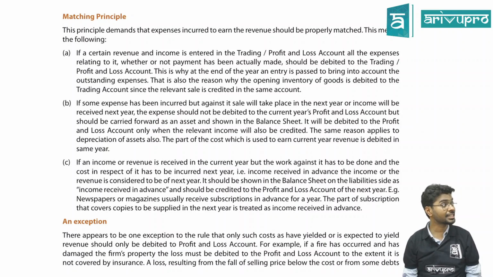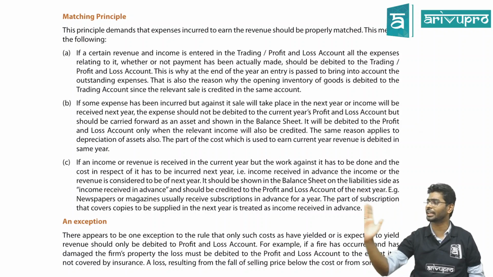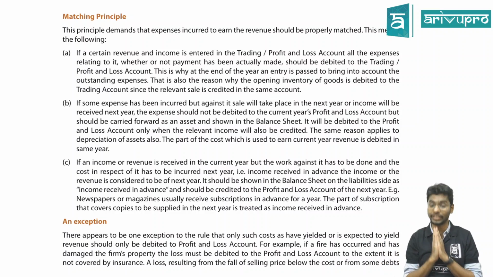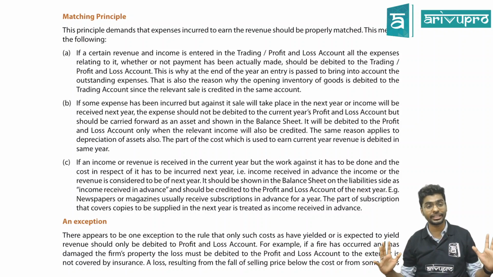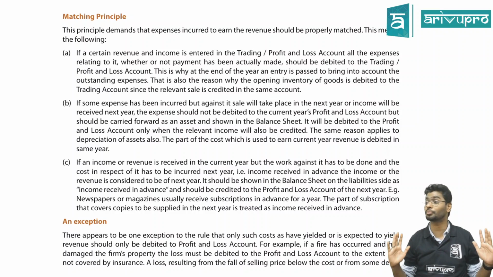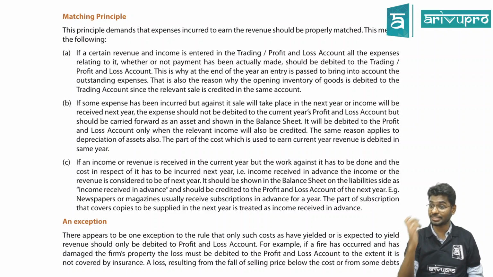If some expense has been incurred, but against it sales will take place in the next year, the expense should not be debited in the current year's P&L. So it clearly is saying my profit and loss for the year, we should only have income and expense of that year only. Anything which is outside that, please keep it away from the profit and loss account. All of these basics are necessary for you to do your further accounts.